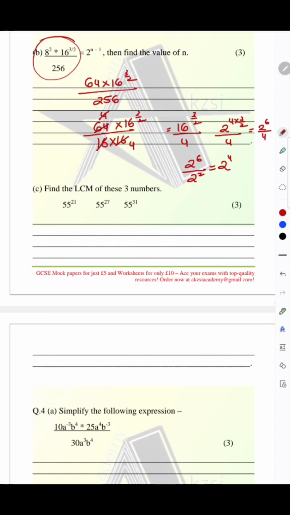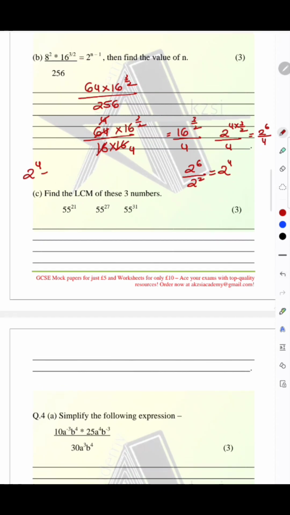This whole will be simplified into 2 to the power of 4. So in place of this I can write 2 to the power of 4 is equal to 2 to the power of n minus 1. They have the same base number, so only compare the powers. So 4 is equal to n minus 1, and finally, n is equal to 5. And that's your answer.